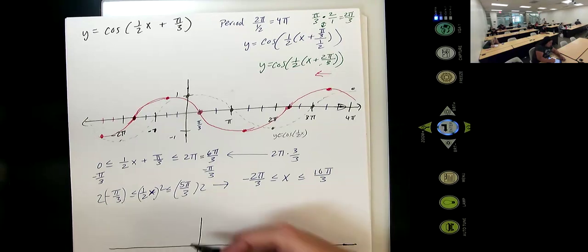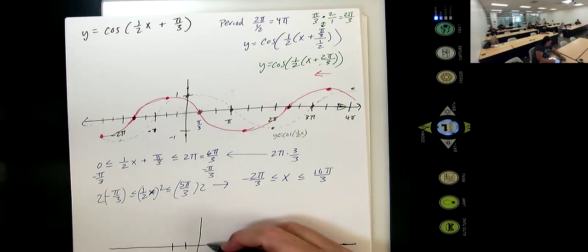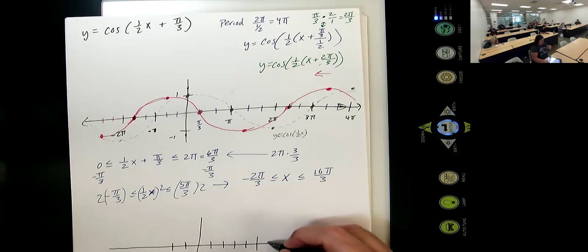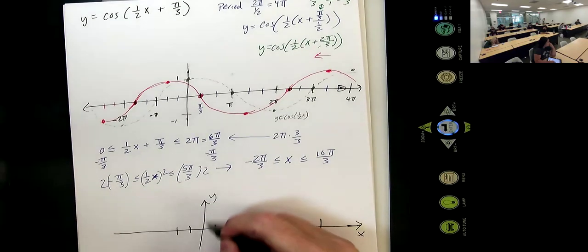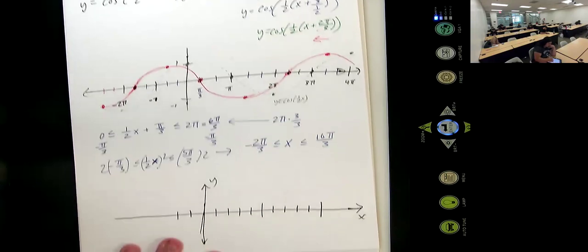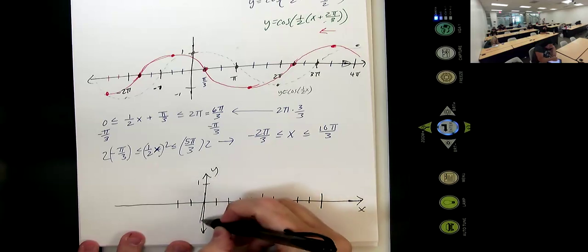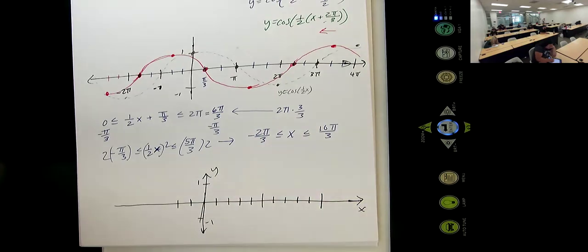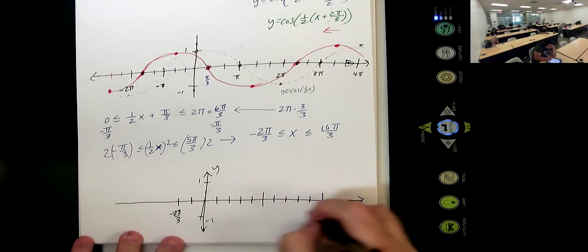So it looks like I'm doing increments of pi over 3, so maybe I'll make 2 of them to the left and 10 of them to the right. And my amplitude is staying the same. And now I'll put in negative 2 pi over 3 and 10 pi over 3.